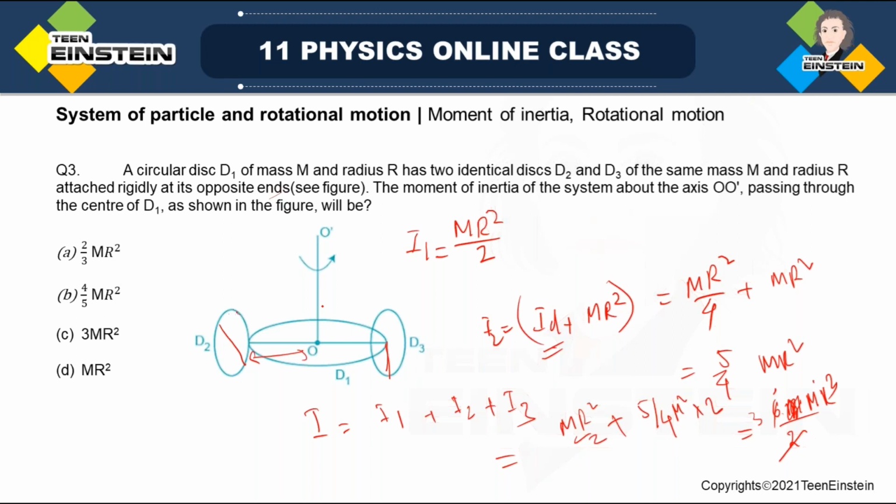About this axis, the moment of inertia has to be the sum of the moment of inertia of this particular disk D1 with respect to its center of mass, like the axis passing through the center of mass. In other cases, the moment of inertia has to be, okay. So we can see this will be actually the answer.